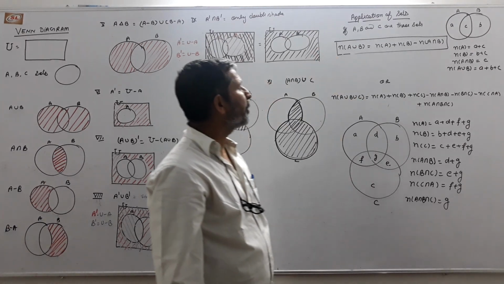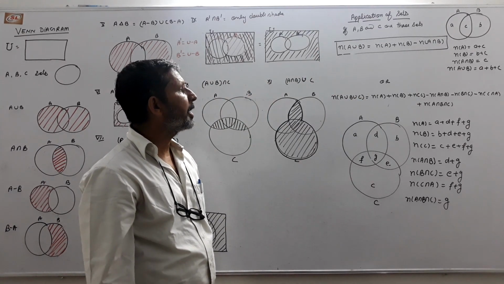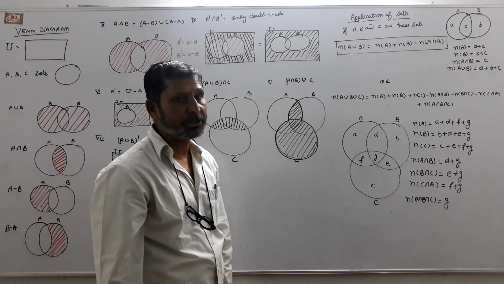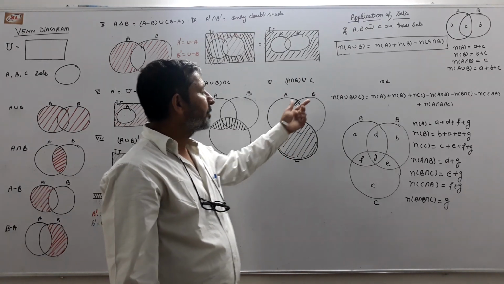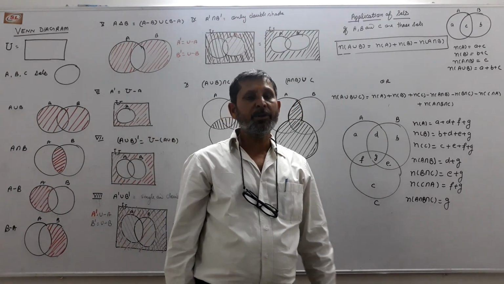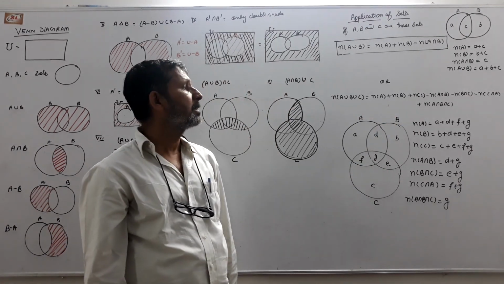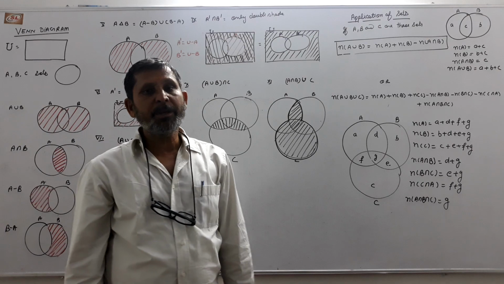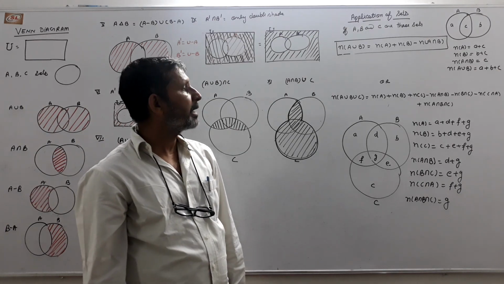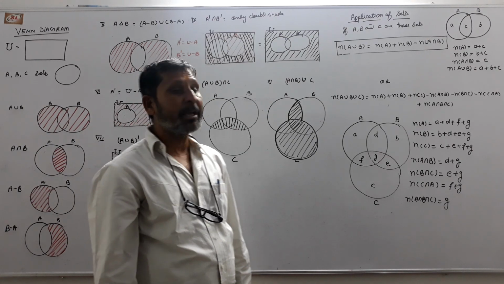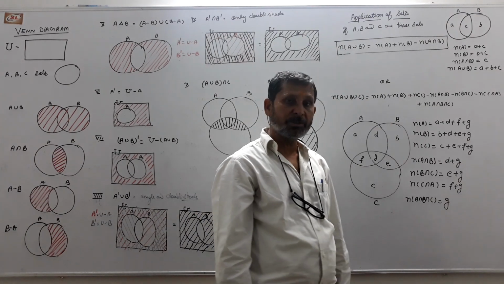First, n(A union B) equals n(A) plus n(B) minus n(A intersection B). And second, if there are three sets, n(A union B union C) equals n(A) plus n(B) plus n(C) minus n(A intersection B) minus n(B intersection C) minus n(C intersection A) plus n(A intersection B intersection C).